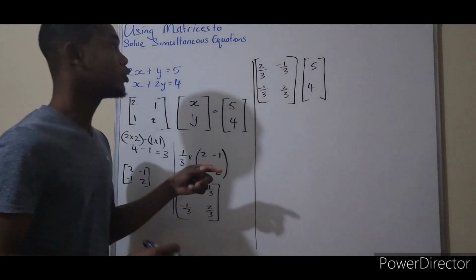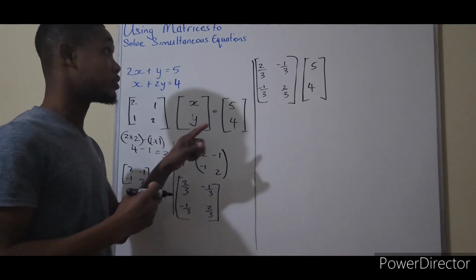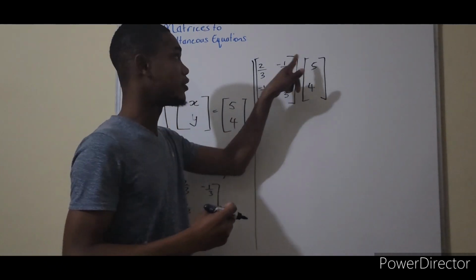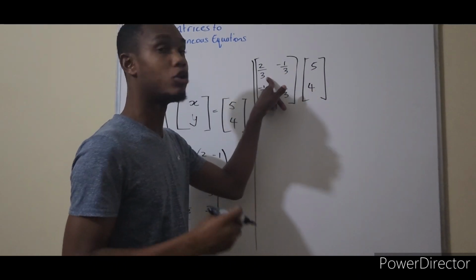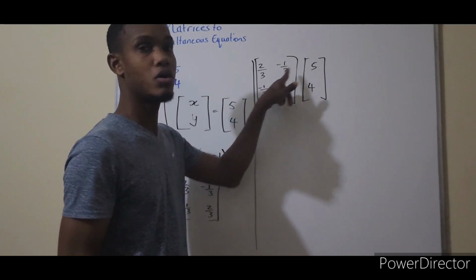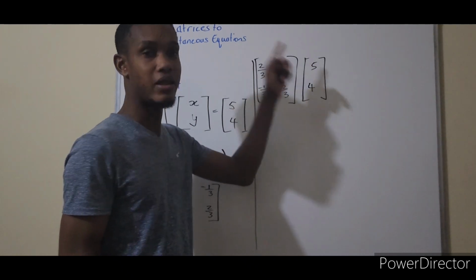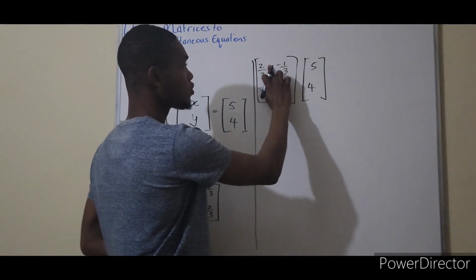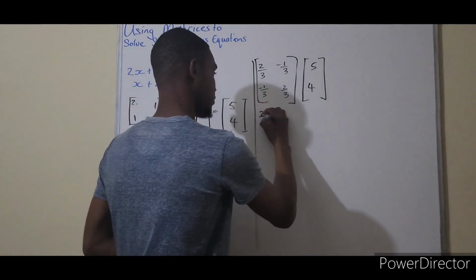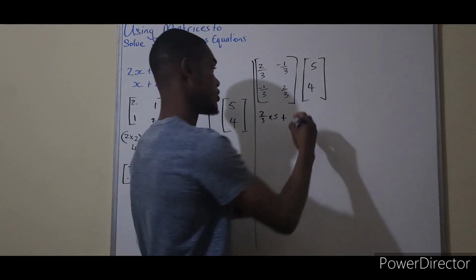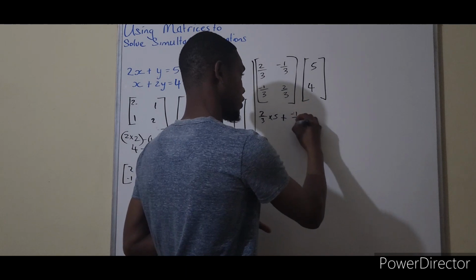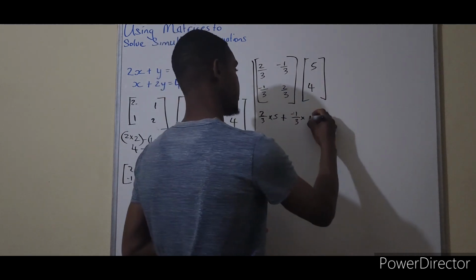Now, you'll do multiplication of matrices. It's row by column: the first in the row by the first in the column, the second in the row by the second in the column. So this will be 2/3 times 5, plus the second, which is negative 1 over 3 times 4.